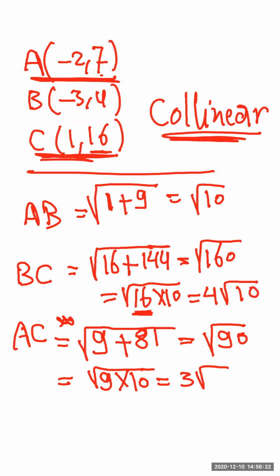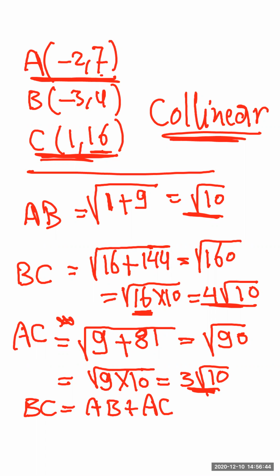Now, guys, AB is square root of 10, AC is 3 square root of 10, and BC is 4 square root of 10. So this means BC equals AB plus AC. So BC will equal AB here, square root of 10, plus 3 square root of 10.